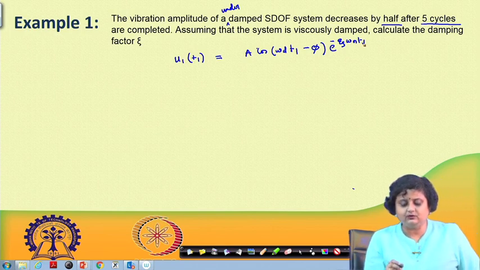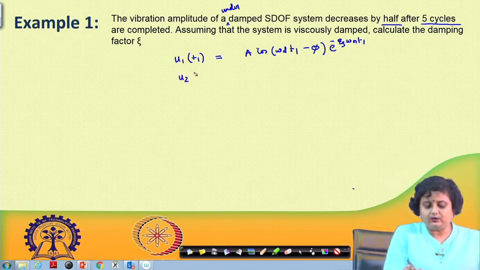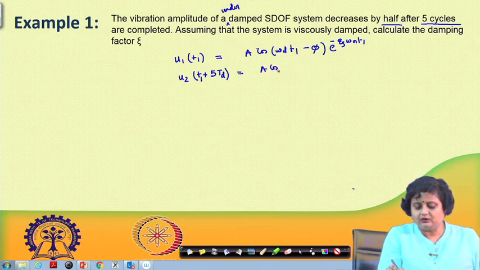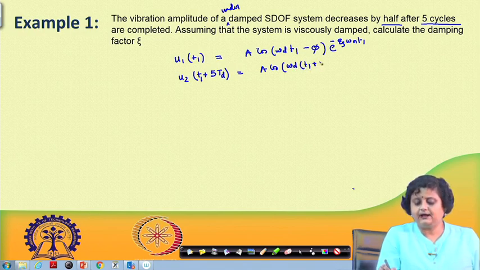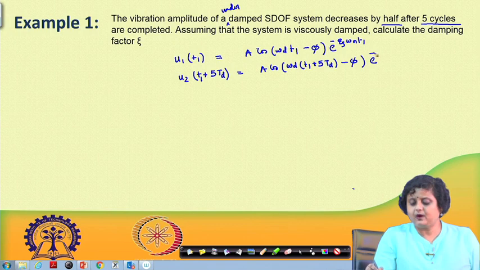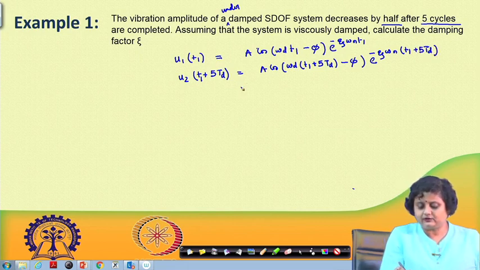So, this is at t equals t1. Now u2, which is the amplitude at t1 plus 5 Td, that is after 5 cycles, can be written as A cos(omega d (t1 plus 5 Td) minus phi) into e to the power minus zeta omega n (t1 plus 5 Td). Okay. So, now let us try to simplify this.